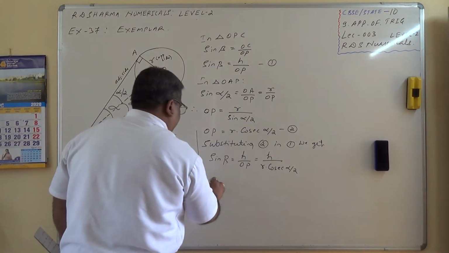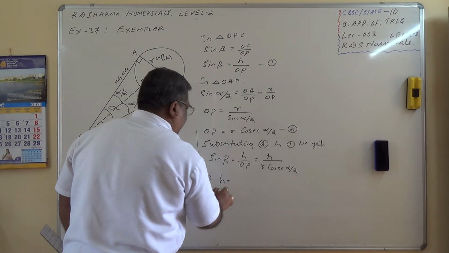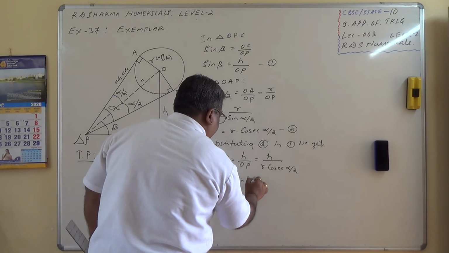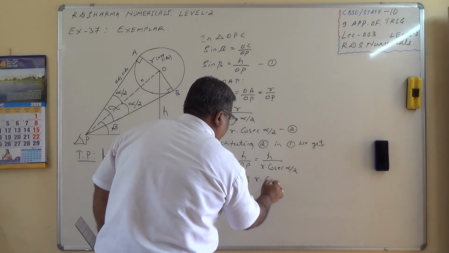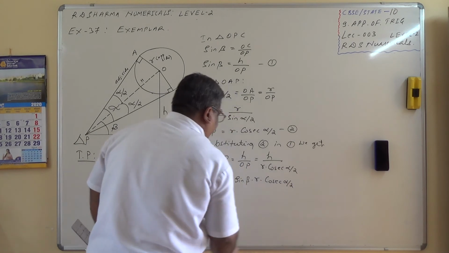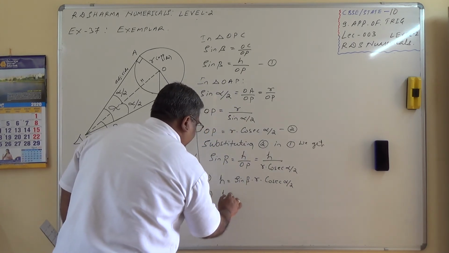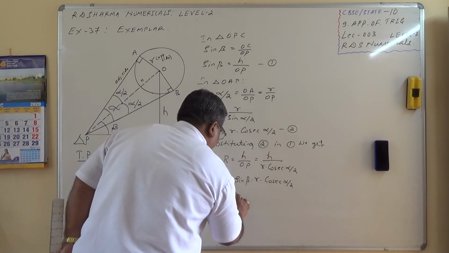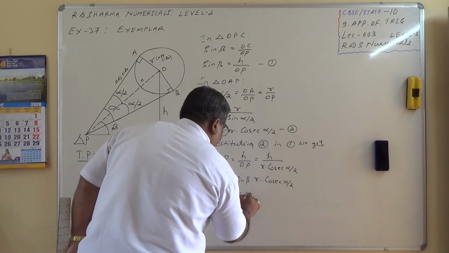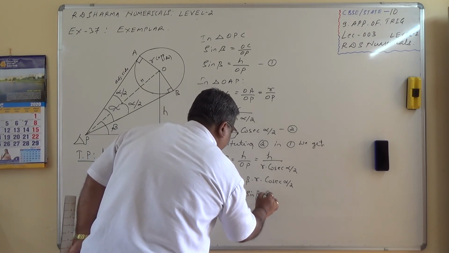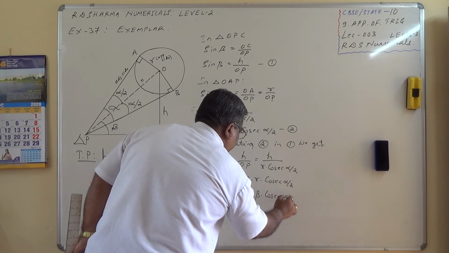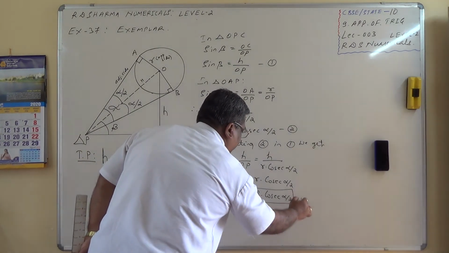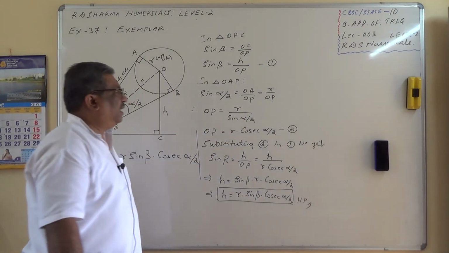Therefore, we find H. This implies H equals sine beta into R cosec alpha by 2, sine beta into R into cosec alpha by 2. This implies H equals, what is to be proved? R sine beta into cosec alpha by 2. R into sine beta into cosec alpha by 2. This is what we proved here. Hence proved. I hope you are able to understand this.